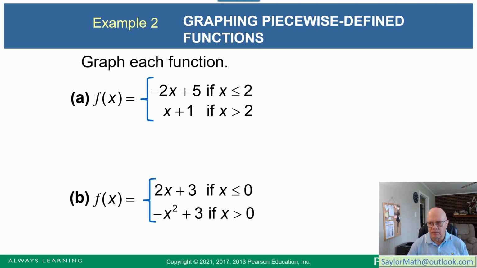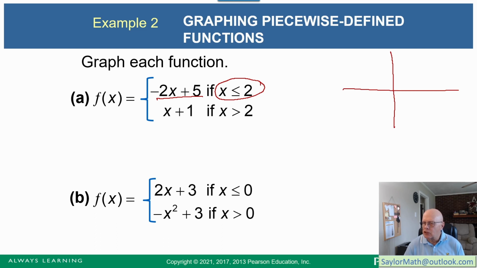Piecewise. Okay, this is tricky. The idea is this. This tells you what x's you're allowed to use to graph minus 2x plus 5. So on your graph paper, 2 is sort of the separation point. So over here somewhere is 2.